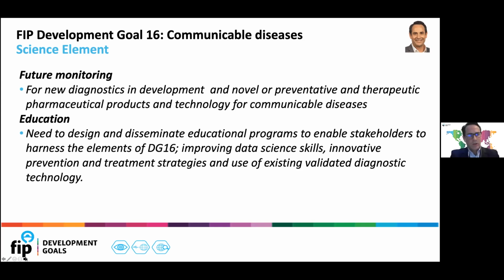So in future monitoring, we need to do this for new diagnostics in development and novel or preventative therapeutic pharmaceutical products, and technology for communicable diseases. Talk about a technology, for example: there are sensors which are being developed at this time.